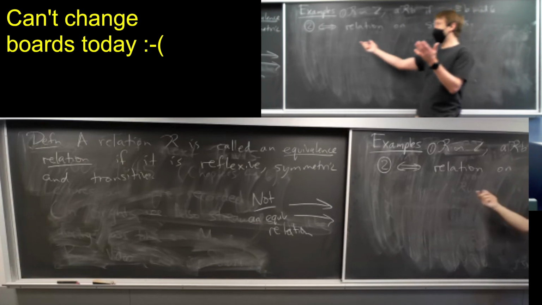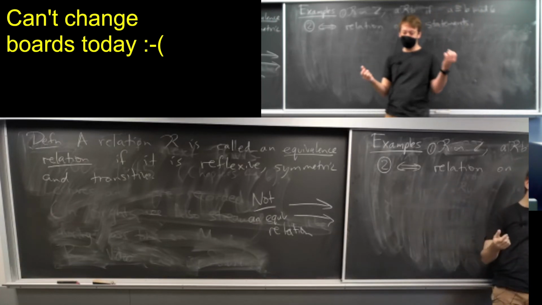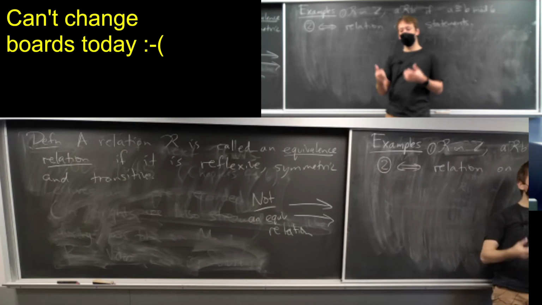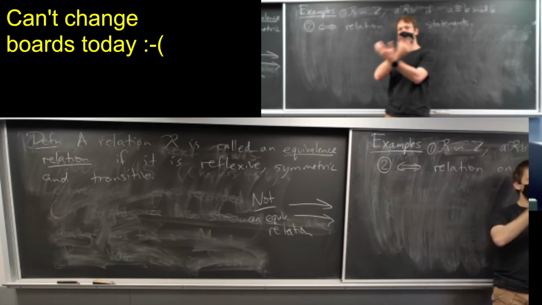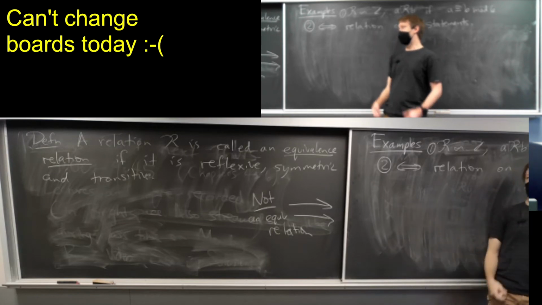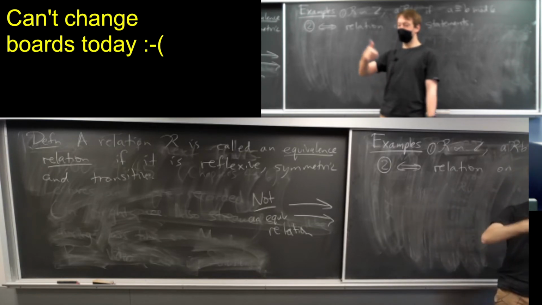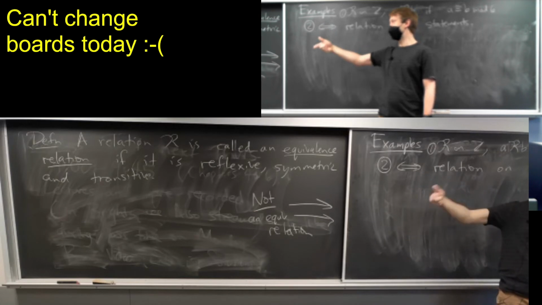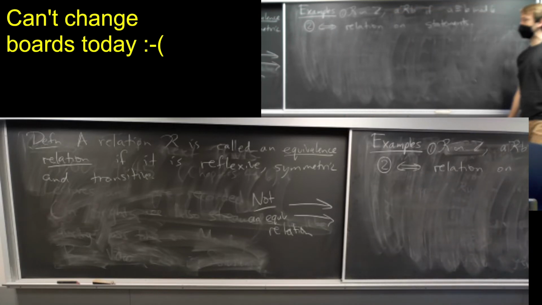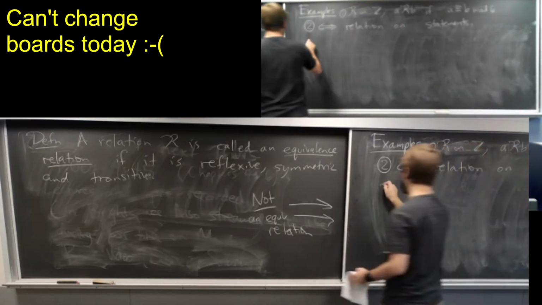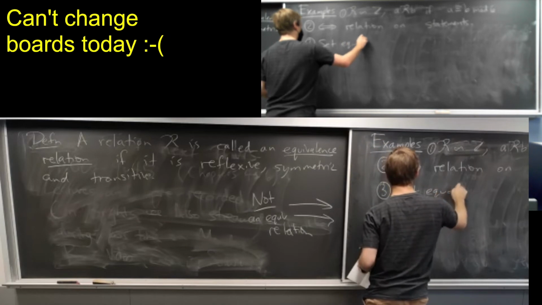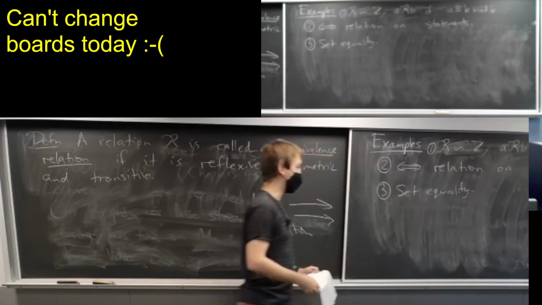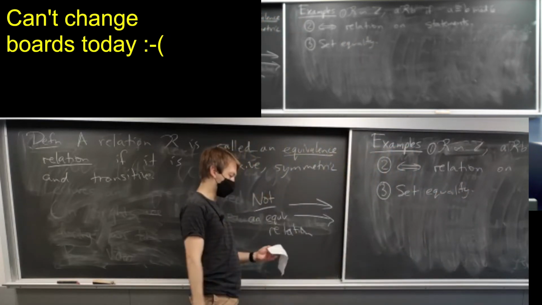To see that, is it reflexive? Obviously, any statement is logically equivalent to itself. If A is logically equivalent to B, then B is logically equivalent to A. These things can be switched. And transitivity as well. If A is equivalent to B, and B is equivalent to C, then A is logically equivalent to C. Other examples that we've seen are set equality. When you say two sets are equal, that's an equivalence relation.